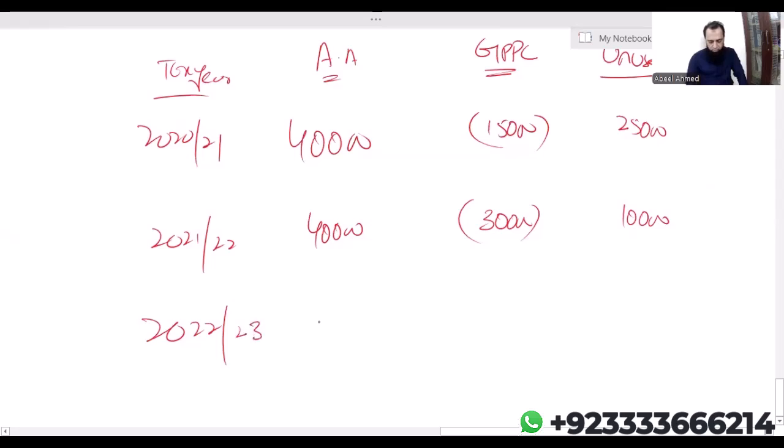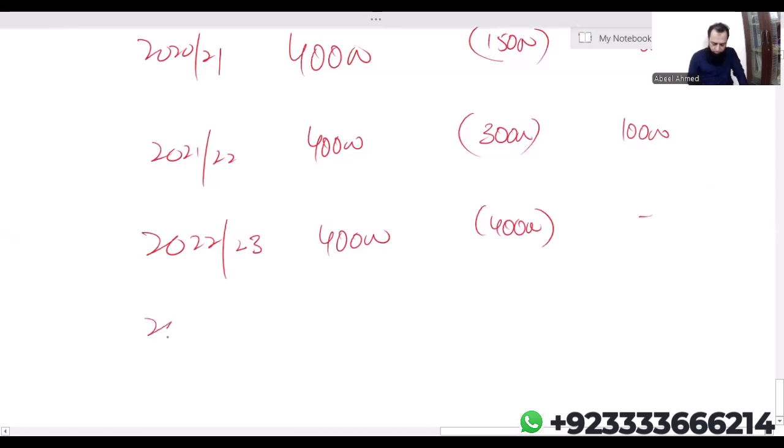In 22-23, it is 40, and this individual has contributed 40. We do not have any unused. In 23-24, the annual allowance limit is 60, and this individual has contributed, let's say, 40. We have unused 20.